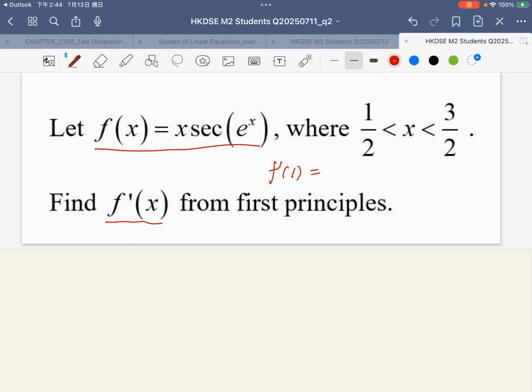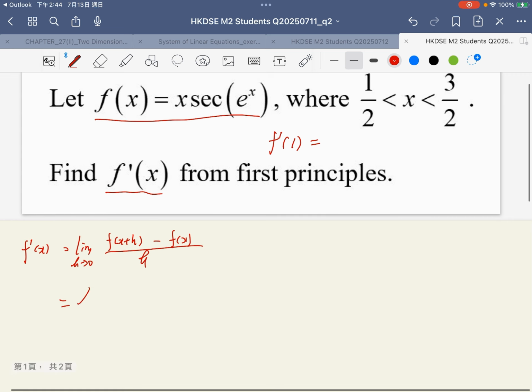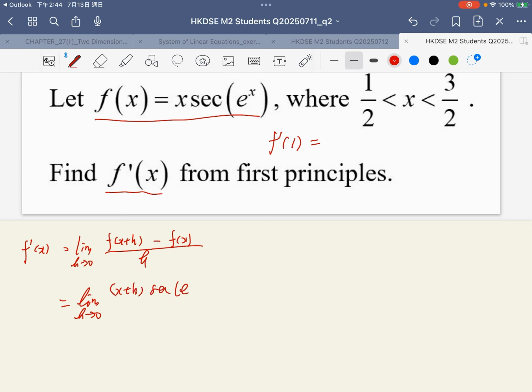Okay, for the definition of first principle, that is limit h tends to 0, f(x+h) minus f(x) over h. So exciting question here. (x+h) secant e^(x+h) minus x secant e^x over h.